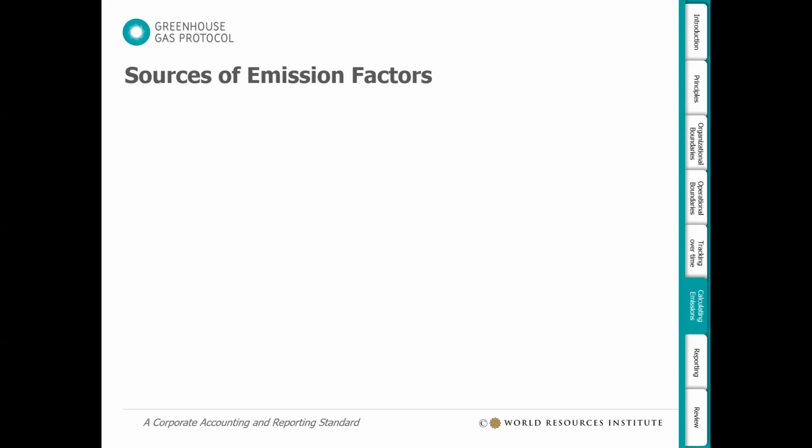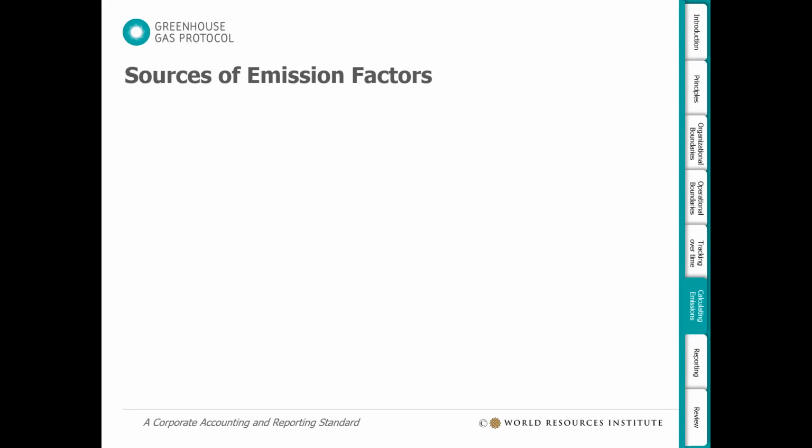And that's because the emissions of methane and nitrous oxide are heavily dependent on the fuels and technologies employed. So they're heavily dependent on the reporting companies' operating conditions and equipment.